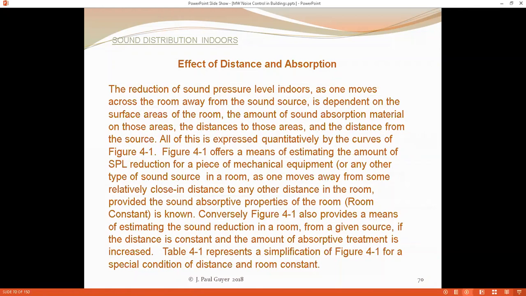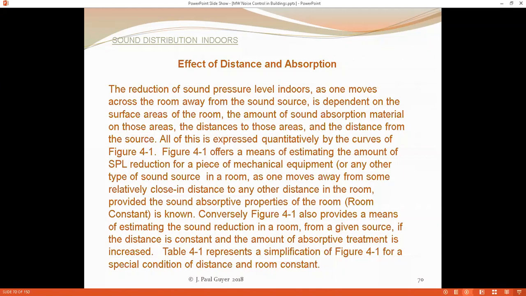First of all, a certain amount of the sound will be absorbed in the source room just by virtue of distance. And you know this in the real world, that if a car honks its horn and it's just a few feet away from you, why, it's a very loud sound.